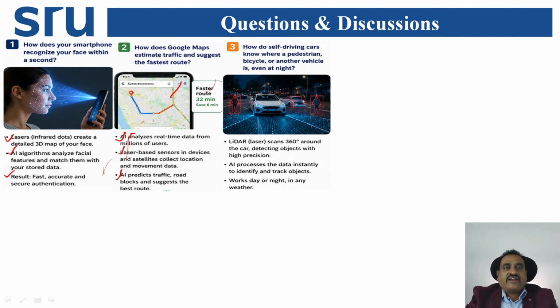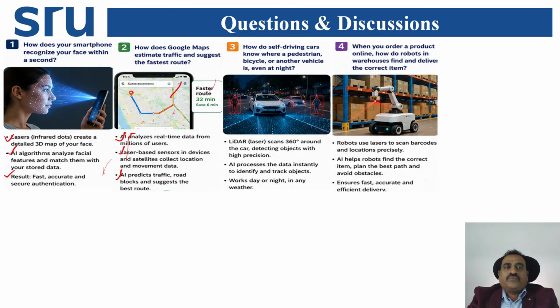In self-driving vehicles, LiDAR can use laser pulses to scan the surroundings and detect objects with high precision. Artificial intelligence can then process this information and help identify and track those objects.